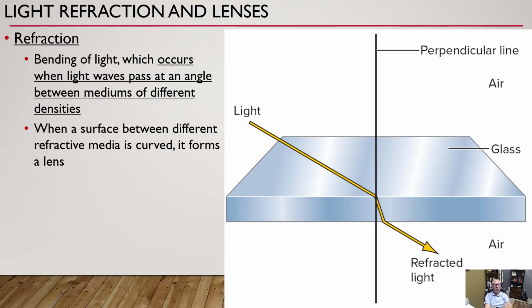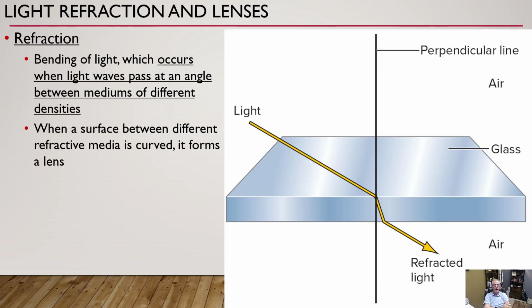So we already know that your lens changes shape, and that is accommodation. But light rays are going to be bent because we have air here, and then we have your lens, which is going to be a different density than air.